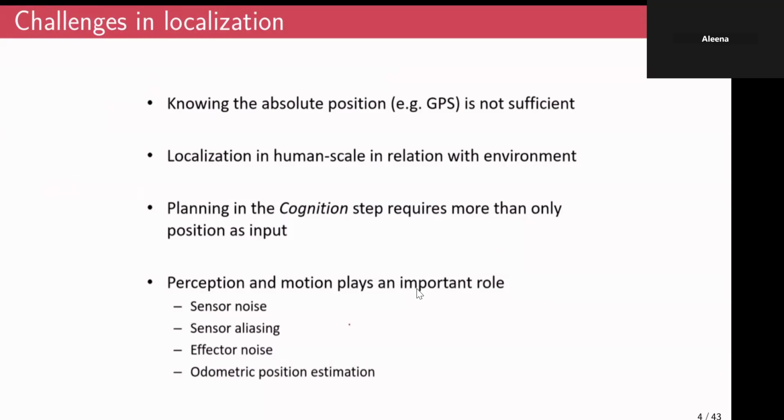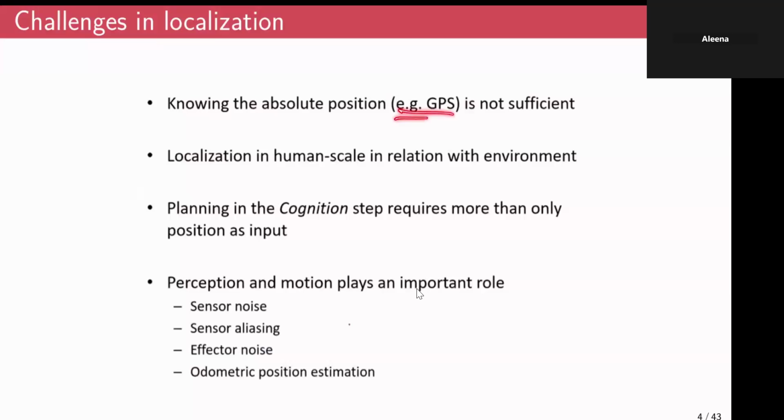It'll probably give you a scale based on meters, but that is still a fairly large uncertainty for a mobile robot, because if you deploy a mobile robot in a room, you probably want accuracy on the scale of centimeters or even millimeters. So GPS is actually not an option, and GPS is probably not even suitable indoors as well, right? If you talk about a huge industrial building, it might be difficult to get signals from GPS.